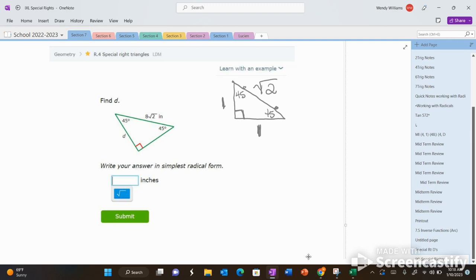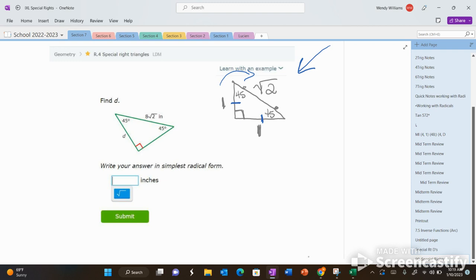Remember we said yesterday, or last night, or whenever you saw the video, that the pattern to follow for proportions on a 45-45, because it's isosceles, both legs have a 1-to-1 ratio because they're exactly the same. And the hypotenuse is the square root of 2 times longer than the legs.